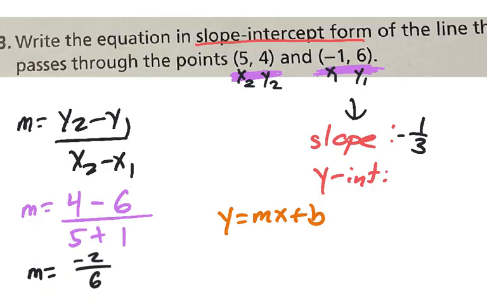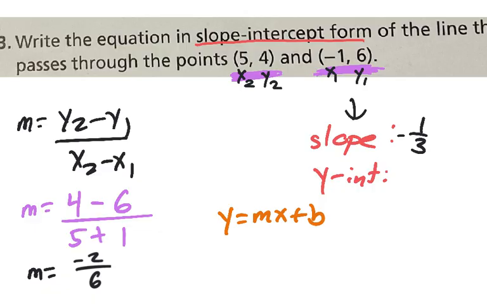Do I know a point that would make this true? I know a couple of points that would make it true, and either one I could plug in. And think about what happens if I know the m and an x and a y, I can then solve for one unknown. When I just have one variable that I don't know, I can find that by isolating it.